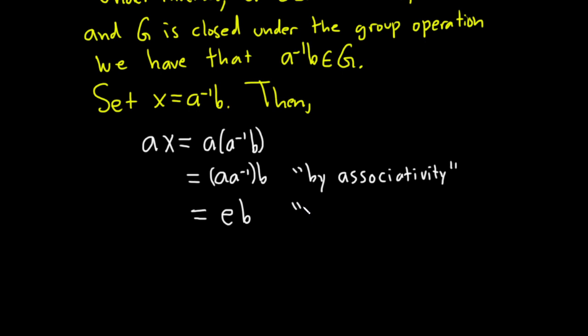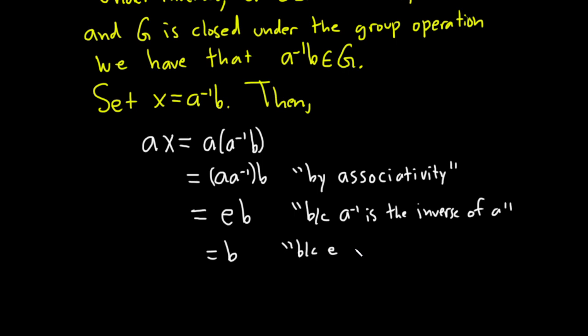And this is because A inverse is the inverse of A, right? When you multiply A inverse by A on either side, you're going to get the identity. And then E times B is equal to B, and this is because E is the identity. That's the definition of the identity.